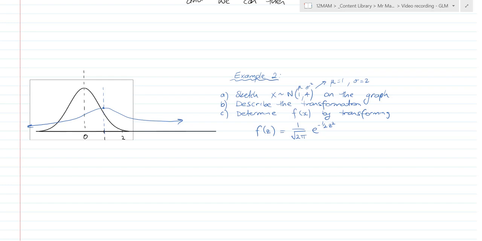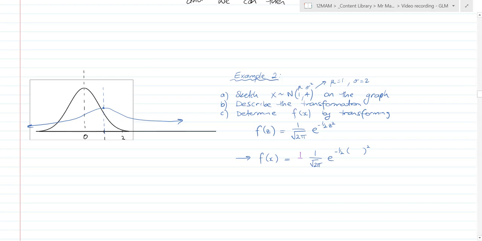And then part C is determining f of x by transforming the standard normal distribution. And so that becomes f of x equals, now I'm just going to write 1 on root 2 pi e to the negative half bracket squared, and hopefully you can see what happens here.